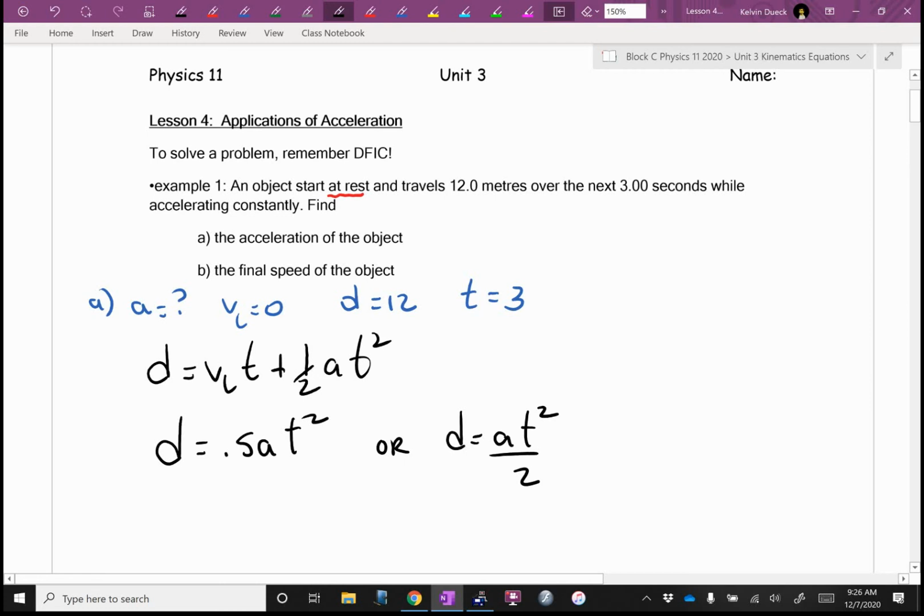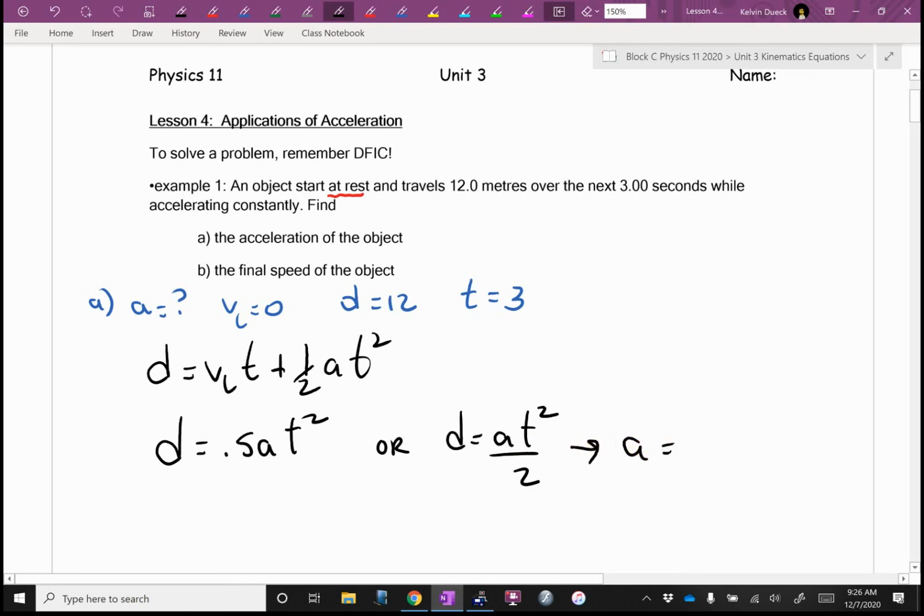Hannah, what are we being asked to find? How would I get the A by itself? First of all, do you want to use the left-hand equation or the right-hand equation? I don't care. What's the T squared doing to the A? What's the 2 doing to the A? Can you tell me my new equation?